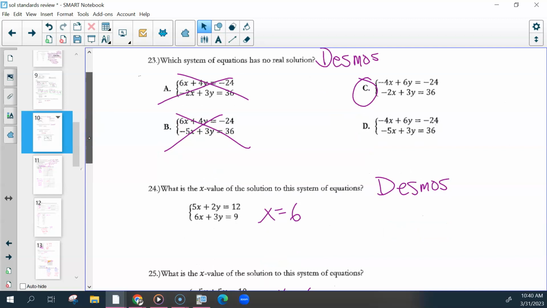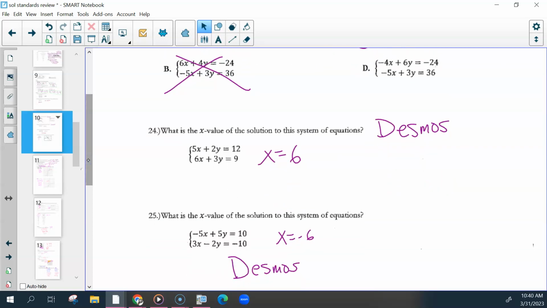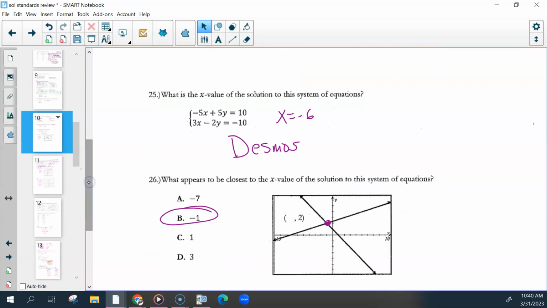If you put each of those in, it was asking which one does not have or is really no solution, and that was C. 24 and 25 are both asking for the x value, so x equals 6 and x equals negative 6. 26 gave you a graph and you had to find the x value, which was negative 1b.